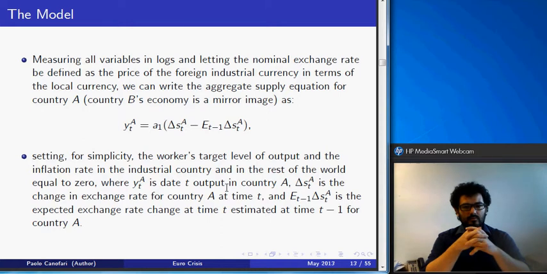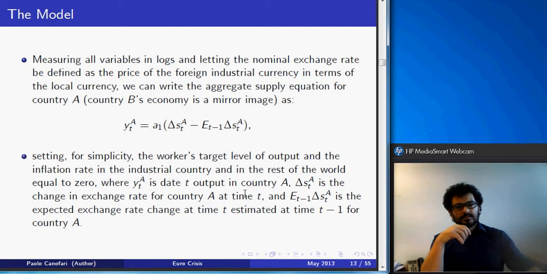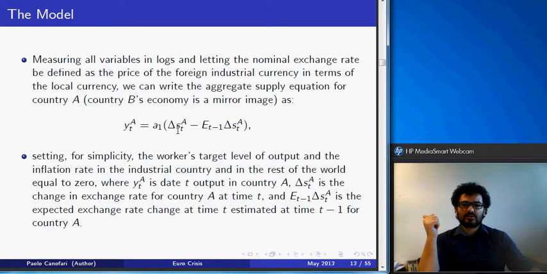Now, the hypothesis in this model is that there exist nominal rigidities in the form of one-period wage contracts. So we can write the aggregate supply for country A, and for country B it is the same, in this way, where delta sTA is the actual change in the exchange rate, and E(t-1) delta sTA is the expected change in the exchange rate.